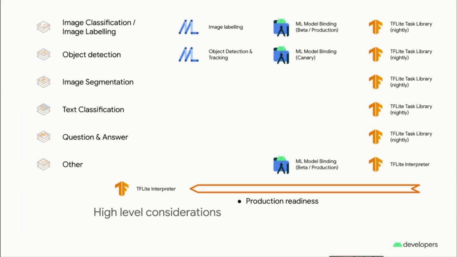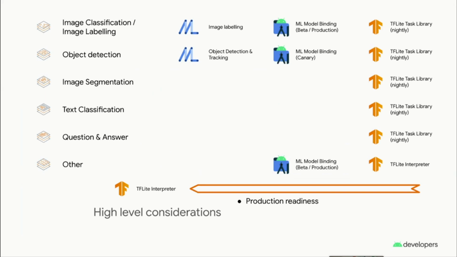If I think from the left-hand side to the right-hand side, on the left-hand side we have the most production-ready solutions. The TF-Lite interpreter has been around for a number of years now, essentially from the beginning of TF-Lite. And in addition, MLKit has been in existence for the last 2 years.